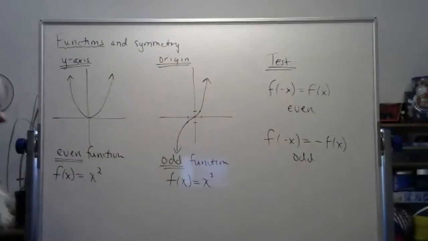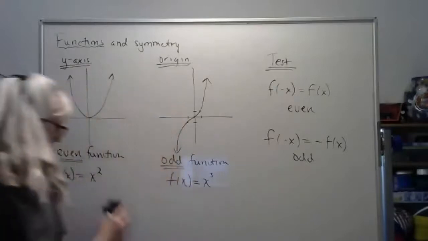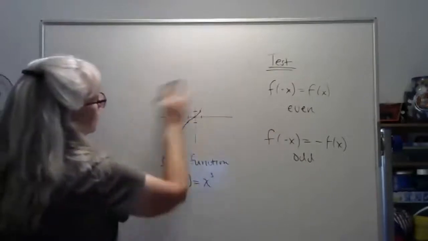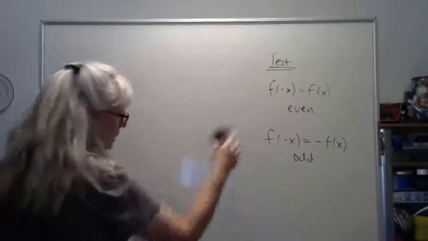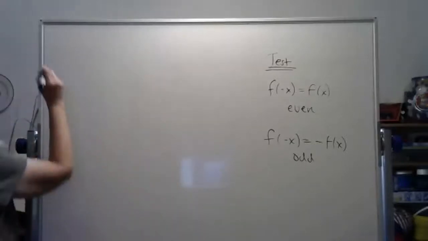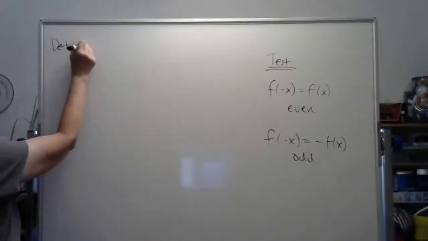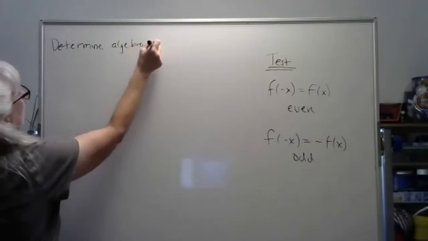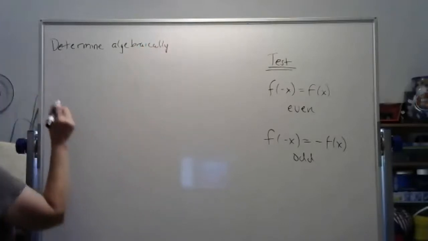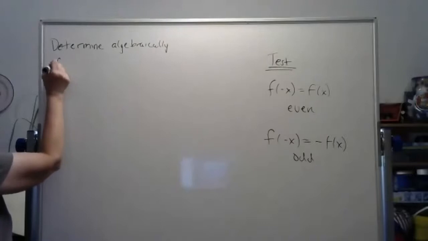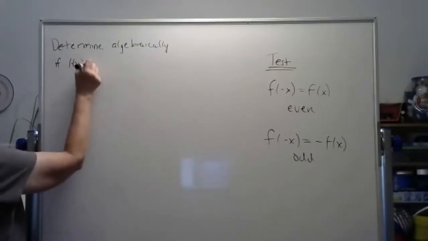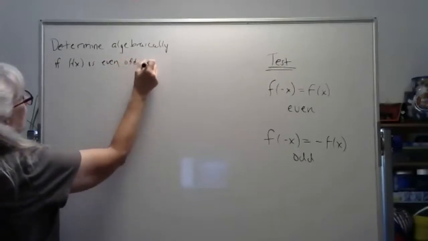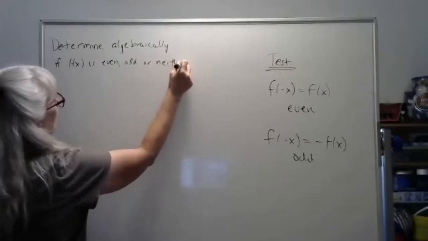So what we're going to do is a couple of quick ones. So without graphing, we want to test whether it's even, odd, or neither. So I'm going to leave my little test written over there. So I want to determine algebraically whether f of x is even, odd, or neither.